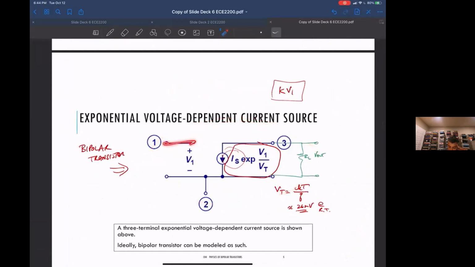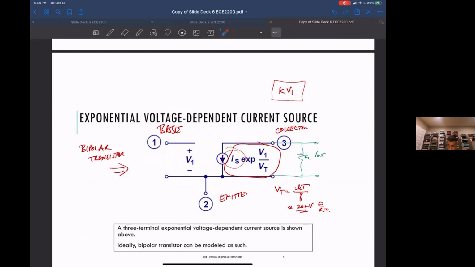So there's a voltage coming in here. In this case, this would be the base, this would be the emitter, and this would be the collector. So although this voltage is not directly connected to the collector, it is actually creating this large current flowing into the collector.